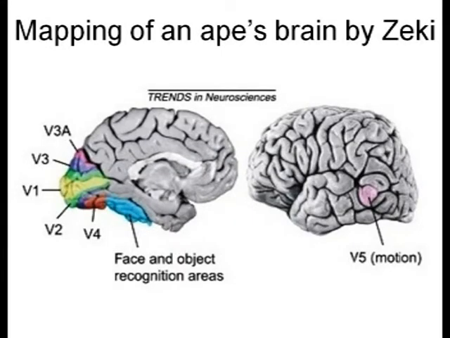Research on the brains of apes by the neurologist Semir Zeki led to discovery of functions which different zones in the cortex perform, and to the identification of the zone which is responsible for the sensation of color.